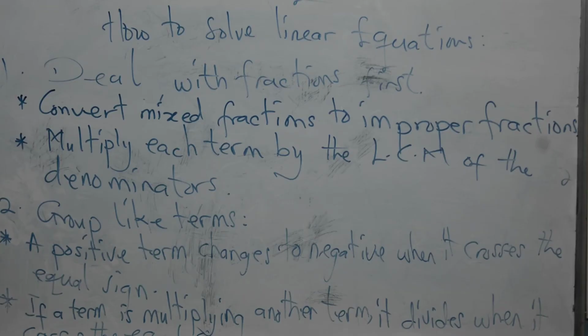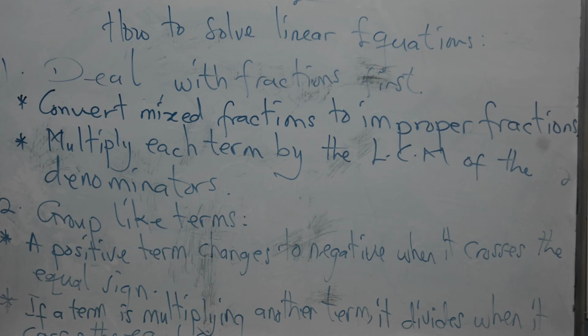So students, these are the steps you have to follow when solving a linear equation. Deal with fractions first. And how do you deal with fractions? Convert mixed fractions to improper fractions. After that, multiply each term in the equation by the LCM of the denominators of the fractions in the equation. The next thing is to group like terms. And when grouping like terms, every positive term changes to negative whenever it crosses the equal sign, and vice versa.